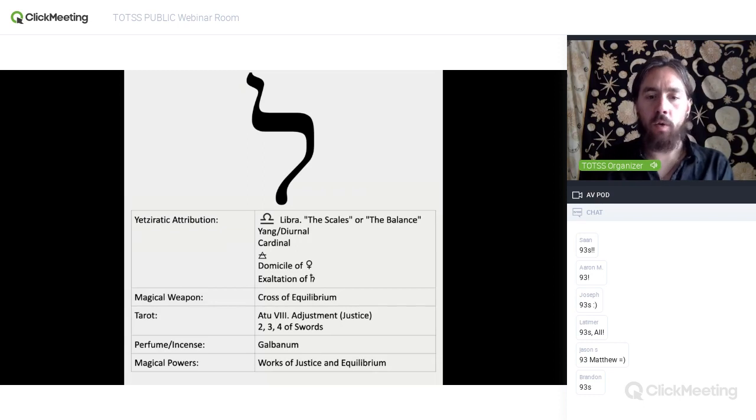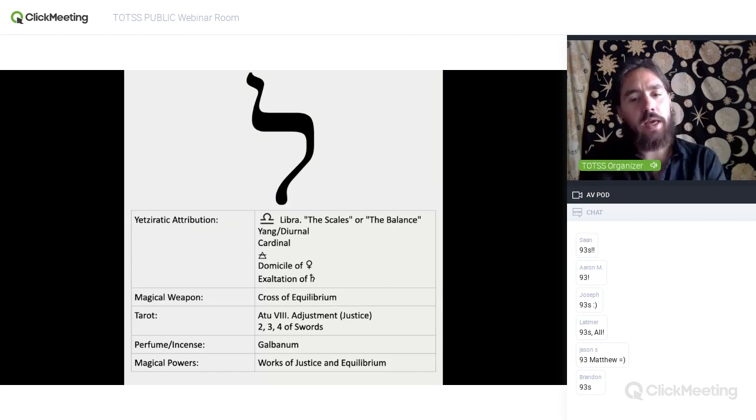All right, so it's a yang or diurnal sign. It's a cardinal sign, and it's air. So this is cardinal air, representing the beginning or initial movement of air here. It's the domicile of Venus, and Saturn is also exalted here.